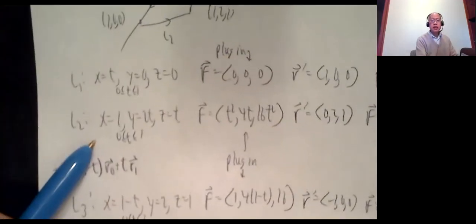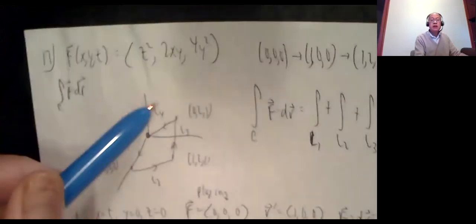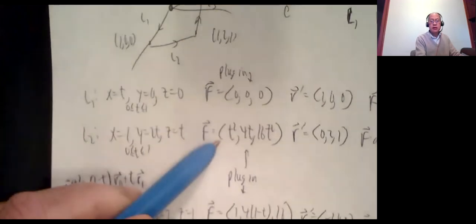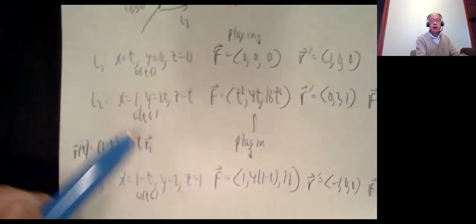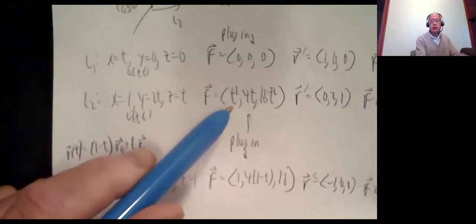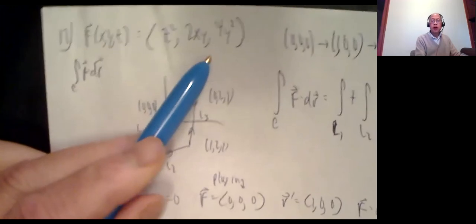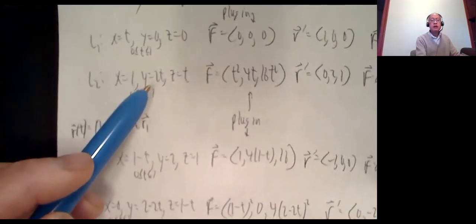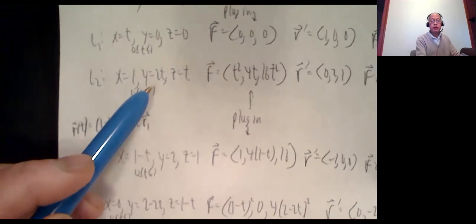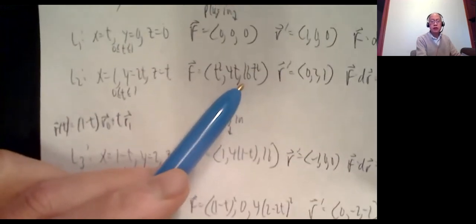Okay, L2, I established this. And now F, plugging in, right? I plug in z squared, which is t squared; 2xy is 4t; and then 4y squared is 4 times (2t) squared, 4 times 4t squared, 16t squared.